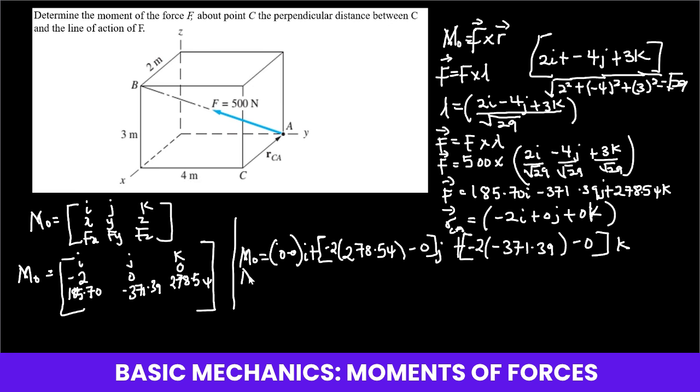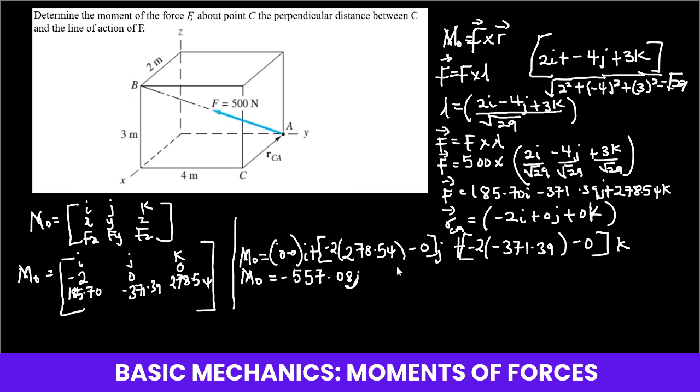Now once we are done, we can remove the ones that we don't need. So this 0 minus 0 is 0, and 0 multiplied by i is 0, so it's gone. Then we have negative 2 multiplied by 278.54, and we're going to get negative 557.08j here. Then this minus 0 goes off, it is not needed.